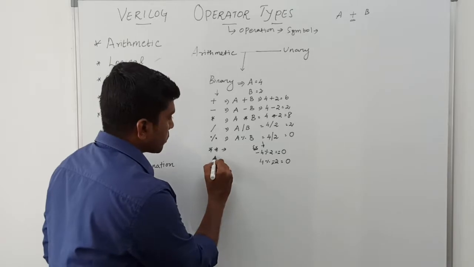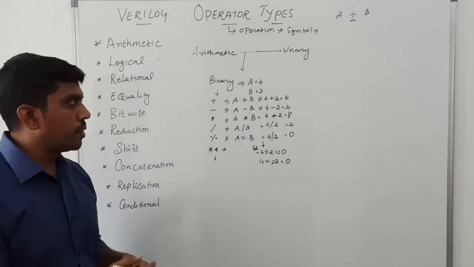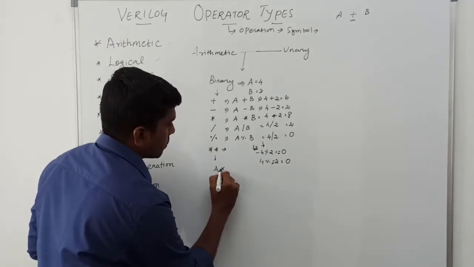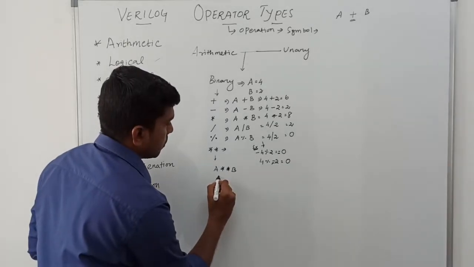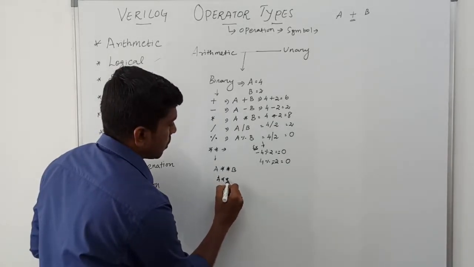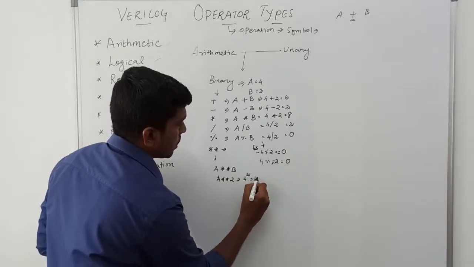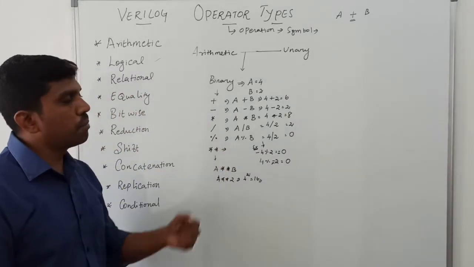The next one is double star. Double star represents power. The first operand is A, double star B, so 4 double star 2. That is 4 power 2, and the result is 16. Likewise, you can use the binary operators.